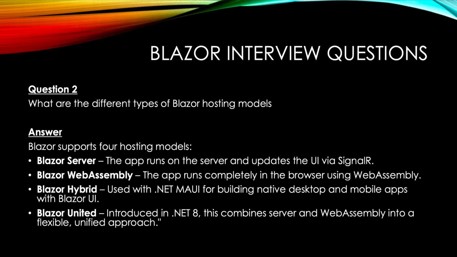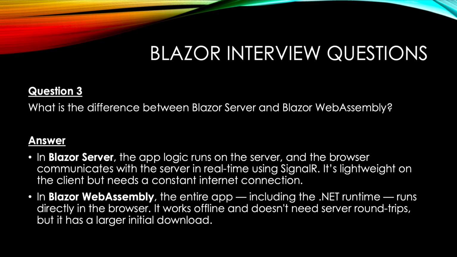The app runs completely in the browser using WebAssembly. The third one is Blazor Hybrid, used with .NET MAUI for building native desktop and mobile apps with Blazor UI. The last one is Blazor United. Introduced in .NET 8, this combines server and WebAssembly into a flexible and unified approach.